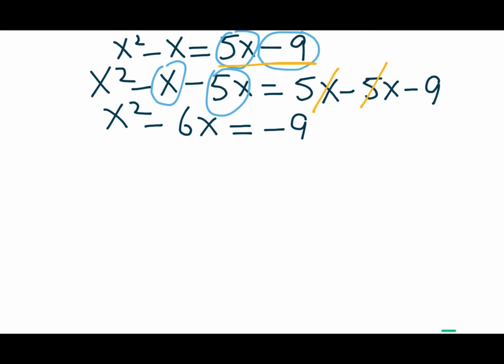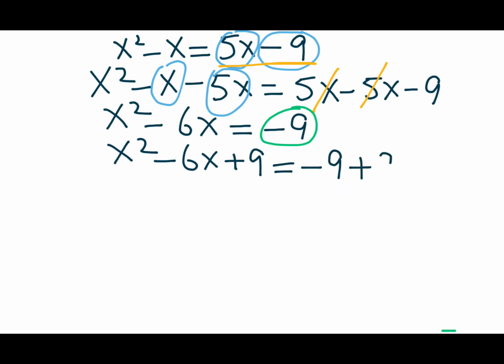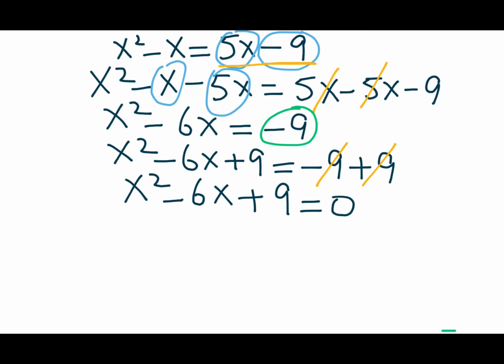Now to get rid of this minus 9, we need to add 9 to each side. So x squared minus 6x plus 9 equals minus 9 plus 9. So minus 9 and plus 9 cancel out, and x squared minus 6x plus 9 equals 0 is the standard form of the given equation.